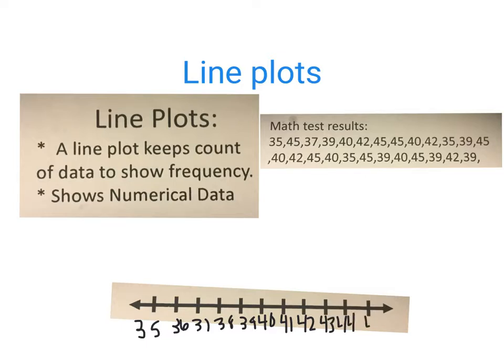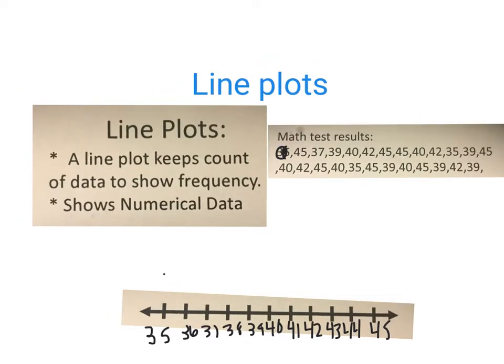And now I'm going to use my numbers up here, and every time that number appears, I'm going to put an X above that number, until I have all of my numbers accounted for.